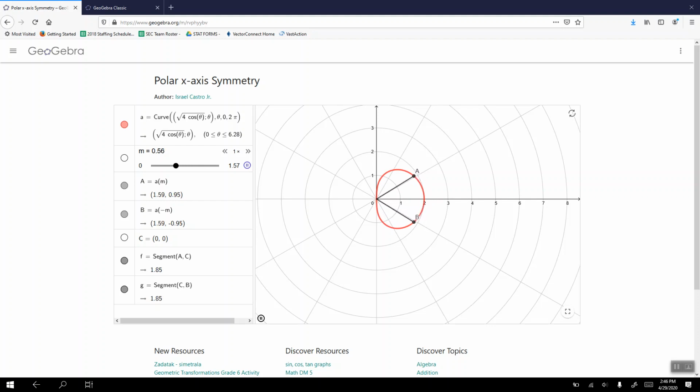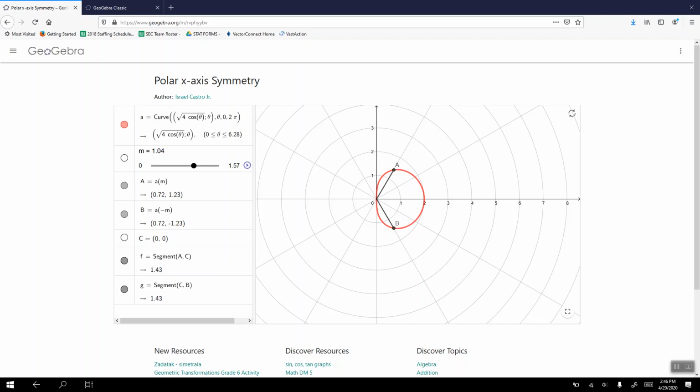If any given point, say point A here, is r, theta, then this point here must be r, negative theta, which means the same radii, except it went in a negative direction.